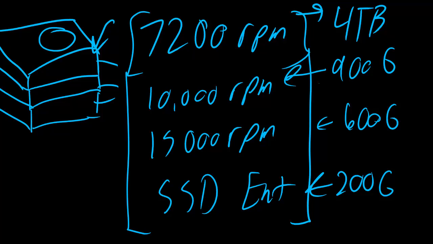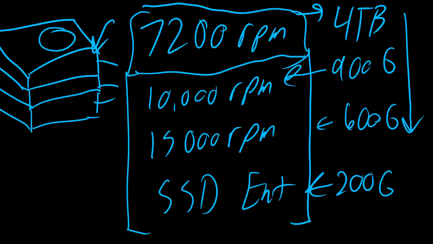So as the speeds increase, the amount that we can store on a disk decreases, because I think the platters are just spinning so much faster that they can't reliably read the higher densities that we see on these slower disks, because it's just moving too fast to read them.